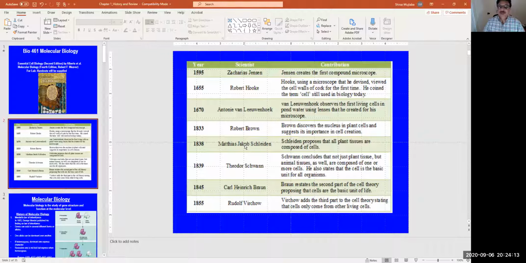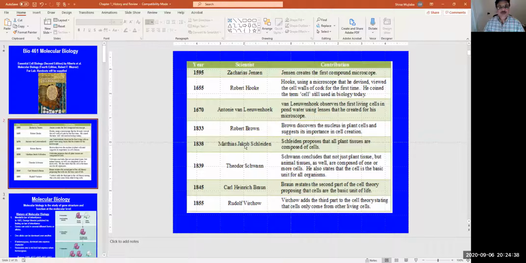In 1670, Antoine van Leeuwenhoek was the first person to observe living cells in a stagnant pond. Most probably he was looking at a unicellular protozoan or algae, but he was the first person who saw, through the lenses of a microscope, living cells moving in stationary water.